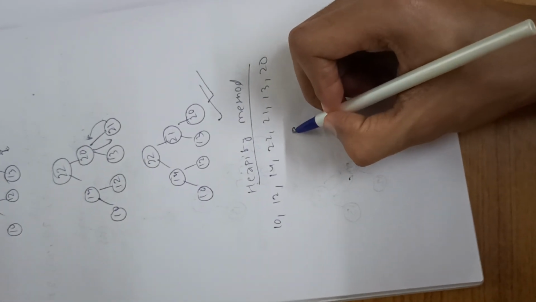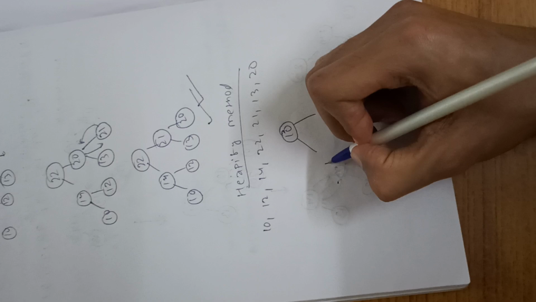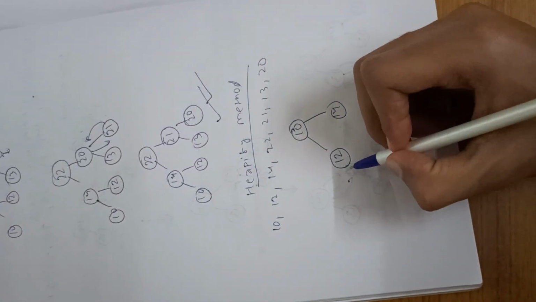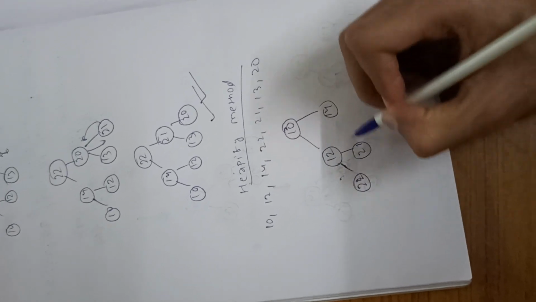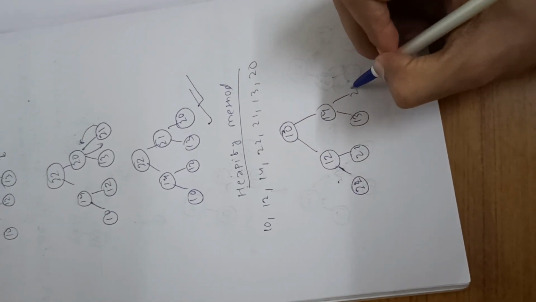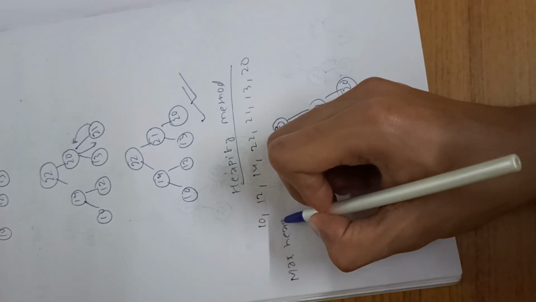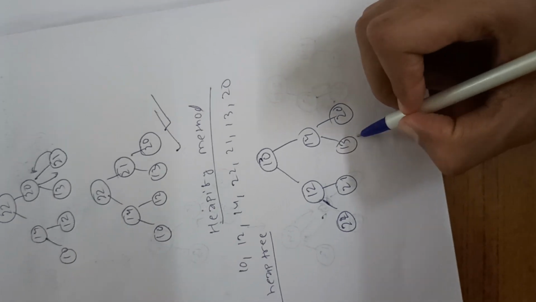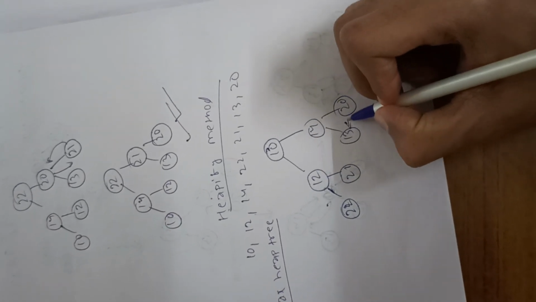In the heapify method, we need to construct the whole tree at once. 10, 12, 14, in the given order, whatever is given, we construct the whole tree. 21, 13, 20. And if we are going to construct a maximum heap, then we need to check whether the parent node is greater than or equal to the child node or not.